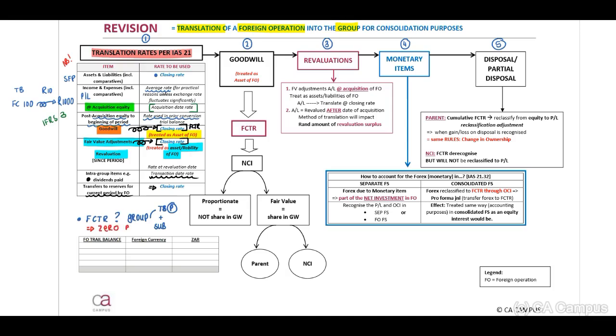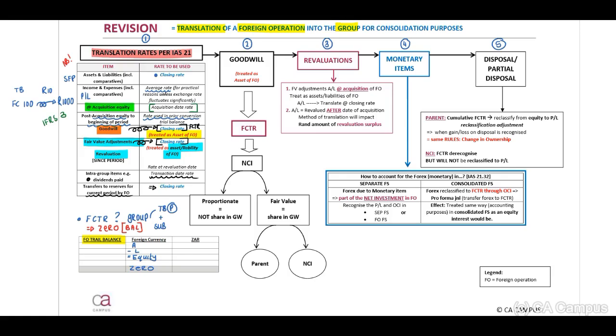Your trial balance should balance. Now, we receive a trial balance of a foreign operation, and this will be in the foreign currency. Therefore, you will have your assets, your liabilities, and this will result in your equity. And your trial balance will balance in the foreign currency.